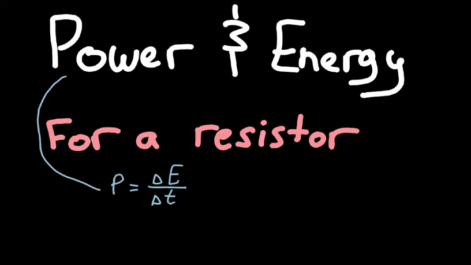In that case, if it were a 1,000-watt microwave, my 1,000 watts or 1,000 joules per second goes in for power, and my 30 seconds goes in for time, and I could multiply both sides by 30 seconds and get 30,000 joules of energy used in the microwave there. So we'll keep that in mind as we go back and forth between energy and power with resistors.